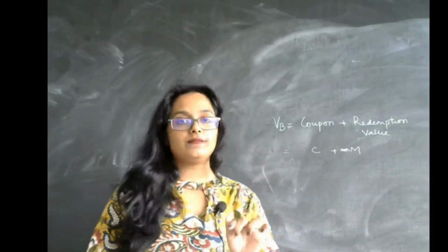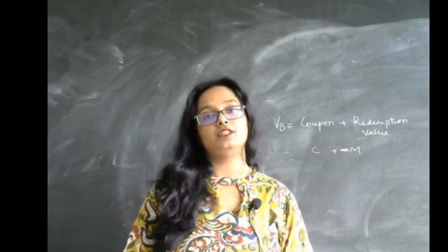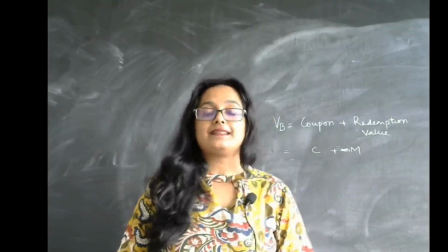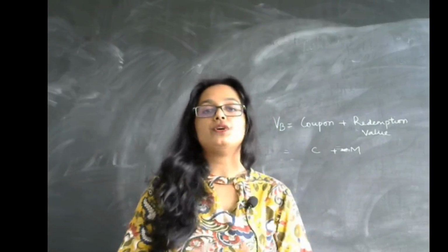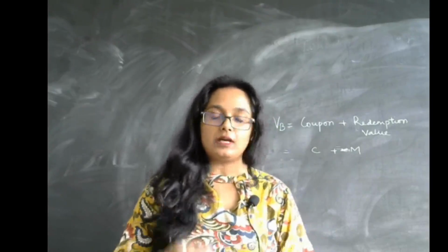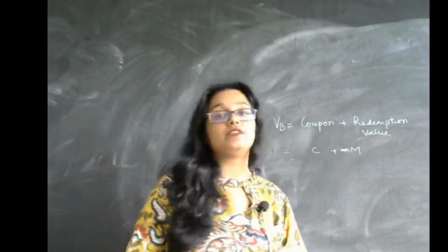Okay, the discounting factor I had explained in another video. Just check that video. I have told you what the discounting factor is, and that is a factor which is used to find out the present value of any amount. Now currently we want to find the present value of coupon and the present value of redemption.